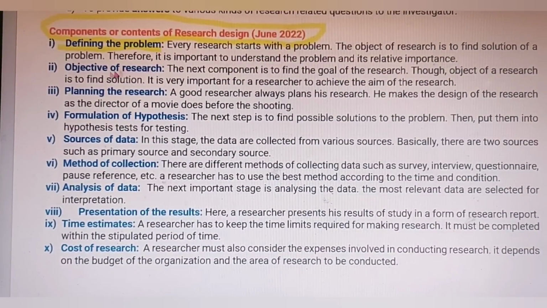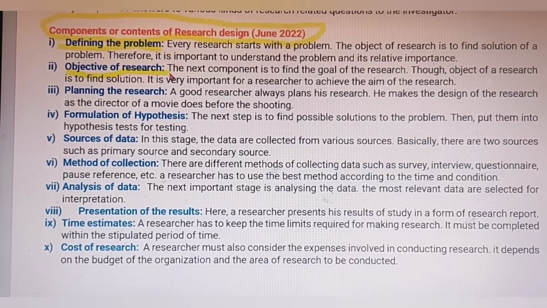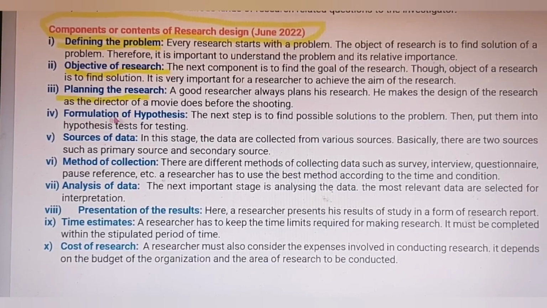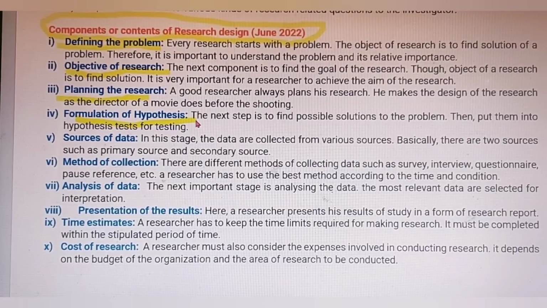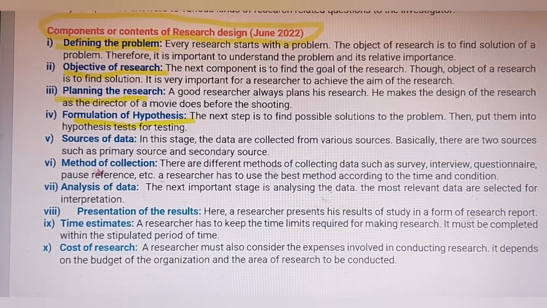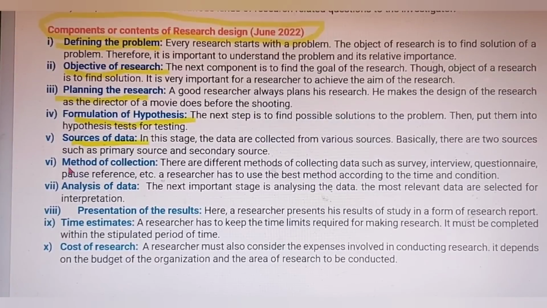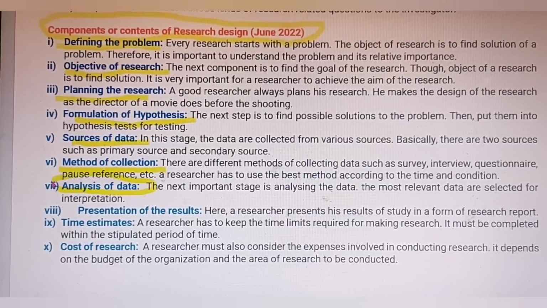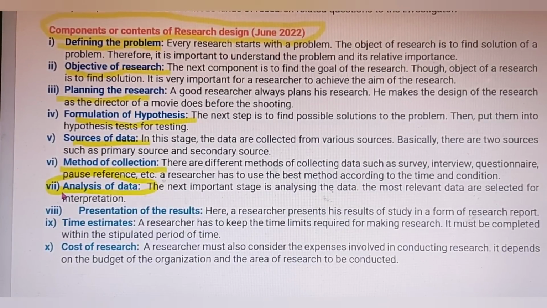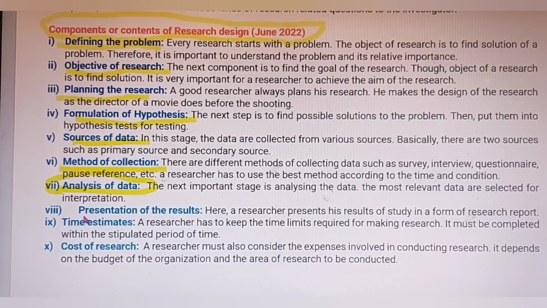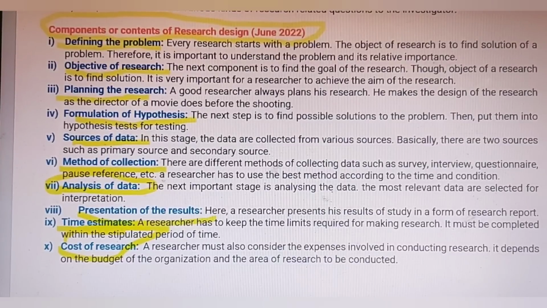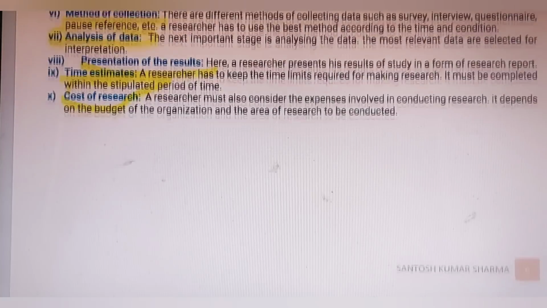So define the problem properly, find the main object of the research, then plan your research, then form a hypothesis, the direction, a tentative solution of the problem, then what are the available sources of data from where information can be gathered, then how will you collect the data, that is methods of collection, then you need to analyze the data whether they are true, false, or like that, then presentation of data to the management, and complete the research in time and take care of the expenses incurred on the research. So these are the main components of research design.